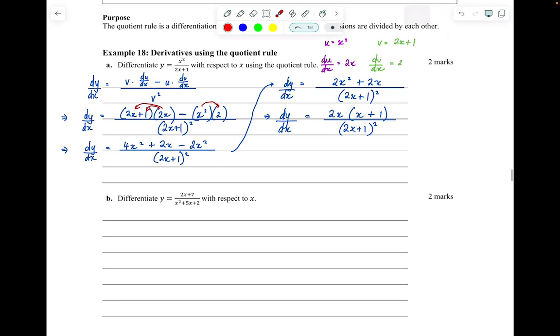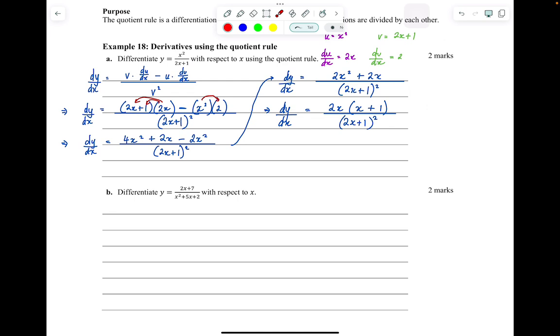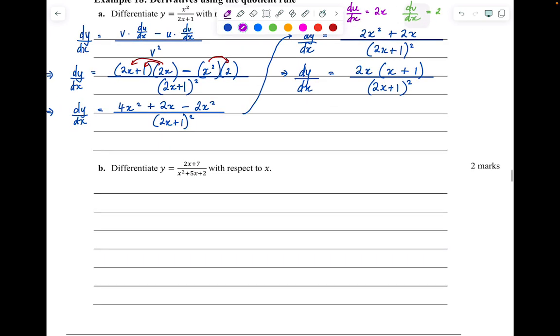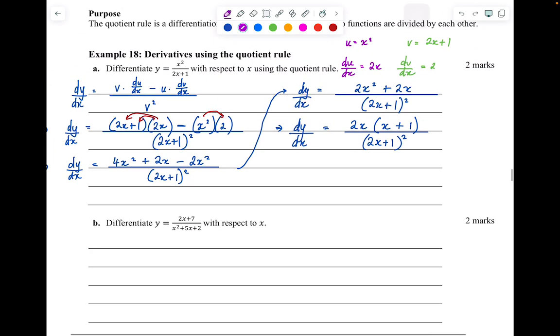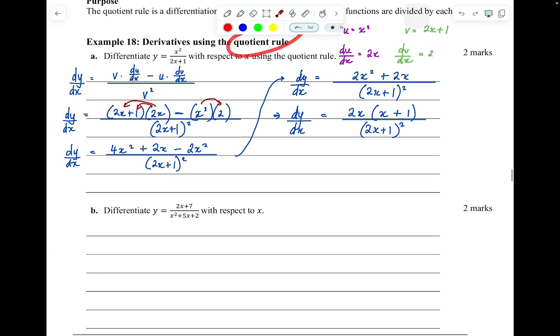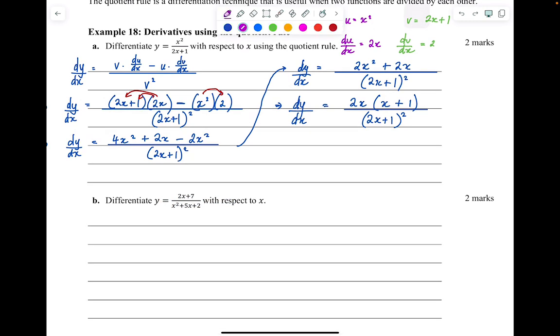So that's one example. Let's have a look at the second example. Again, just off to the side, I'll write it up in this space here. How do we know we need to use the quotient rule? Not just because it says at the top here. It's also important for us to identify that we have one function divided by another function. So we are finding the derivative of a quotient, which is a fraction or division, with a division symbol involved.